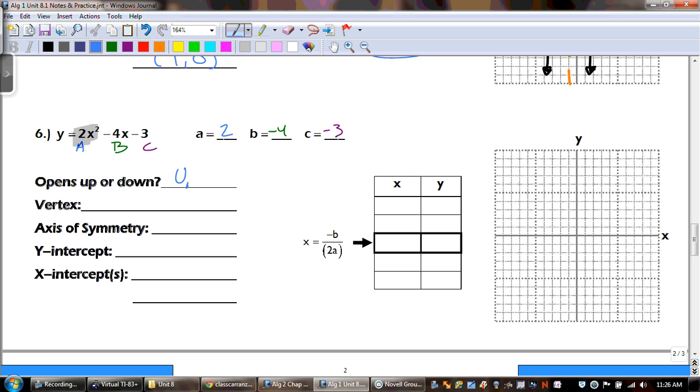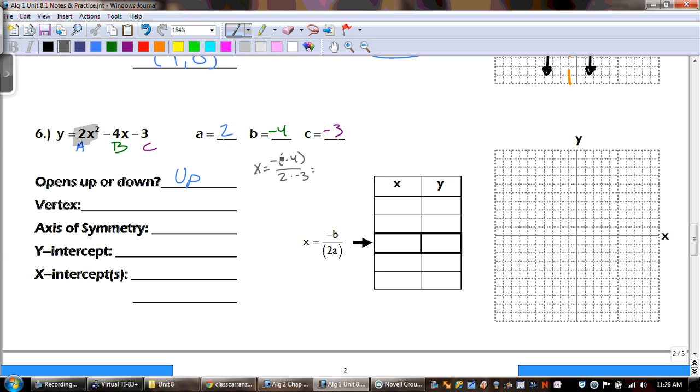Okay, this one is going to open up because our quadratic term is positive. Okay, now we need to find the vertex and the axis of symmetry. So we're going to use x equals the opposite of b, so opposite of -4, all divided by 2 times -3.